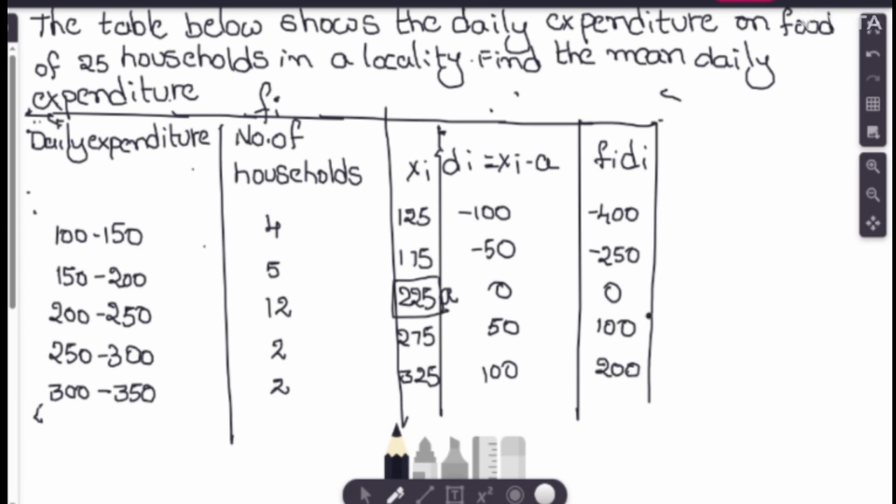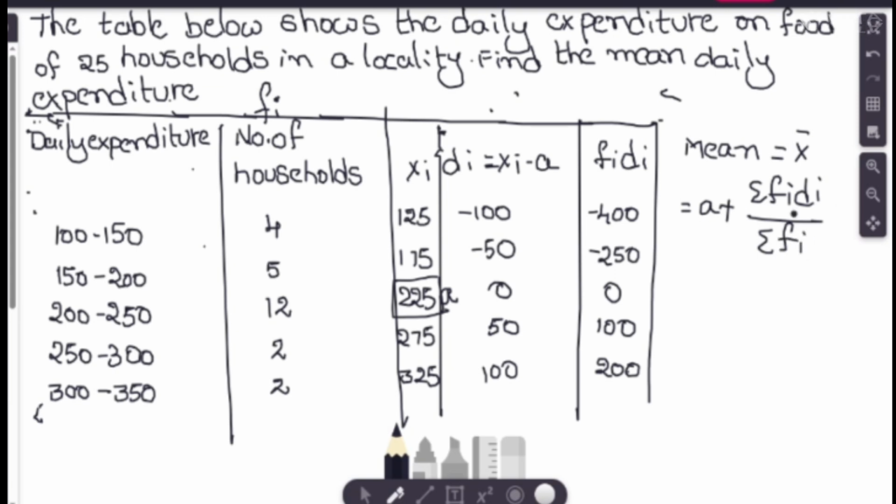Now what you have to do is add all the observations in this column. Because the formula is by the assumed mean method, they asked to find the mean daily expenditure, no? So this is the assumed mean method. Mean, denoted x bar, is equal to a plus sigma fi di by sigma fi.